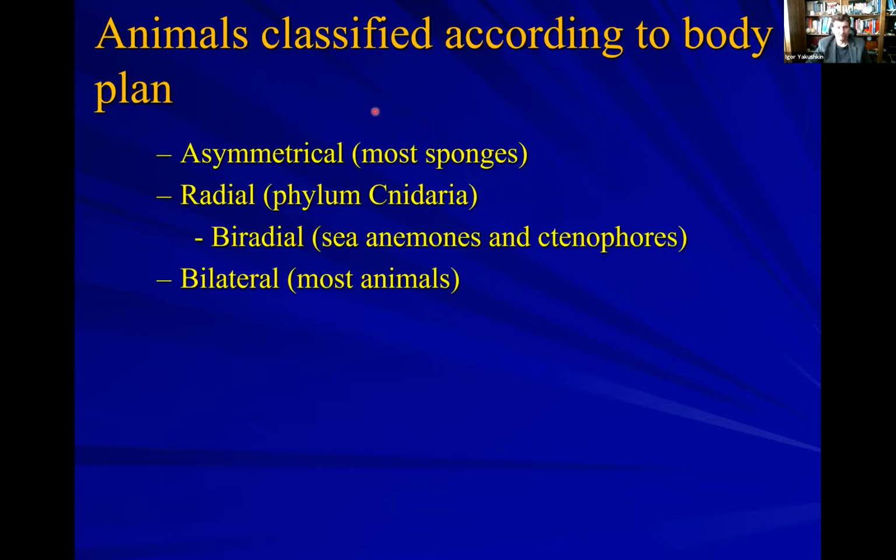So now, asymmetrical. Please remember that most of the sponges, and for simplicity's sake, we'll say all of the sponges, don't have the symmetry. They grow along with whatever they have in the environment. If the stream goes one way, the sponge goes into that particular direction.